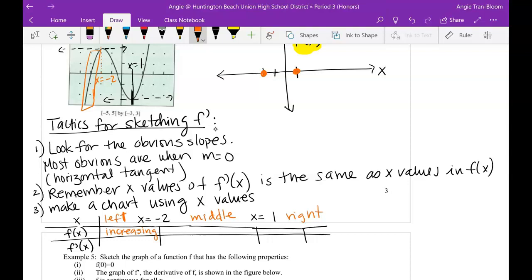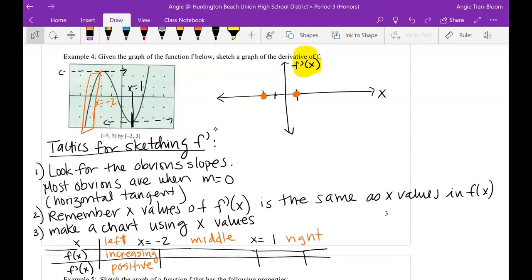Because on the left side the original function f of x is increasing, your derivative is positive. What do I do with that information? Positive means I'm above the x-axis. That's what it means, so I draw a circle.